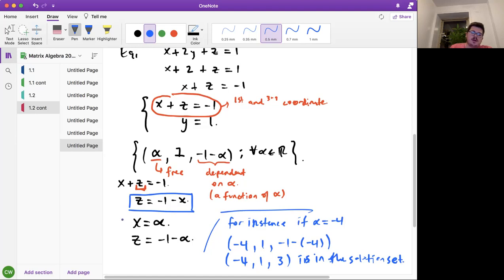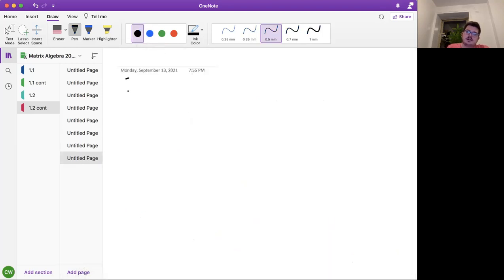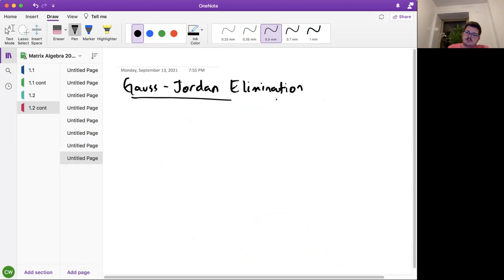Okay, so before doing an even more complicated system, I'm going to introduce another algorithm to make this even easier, called Gauss-Jordan elimination.